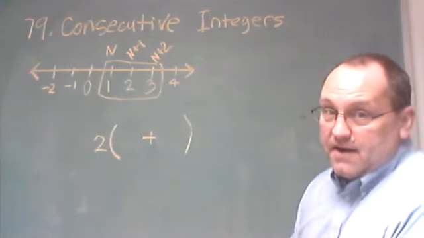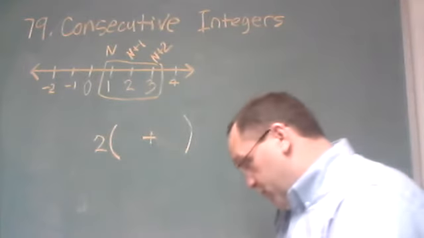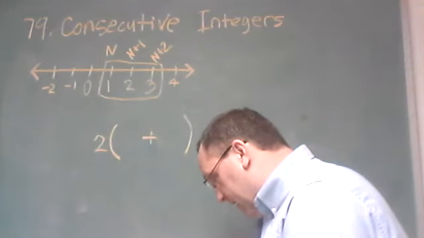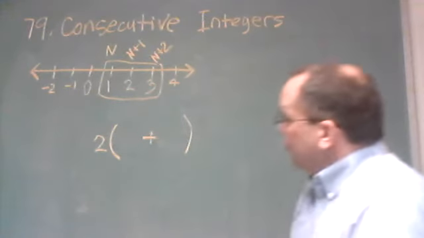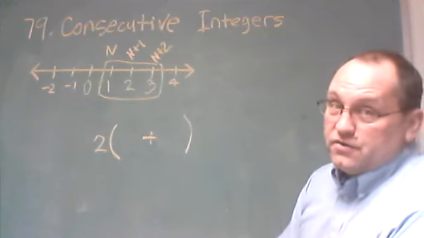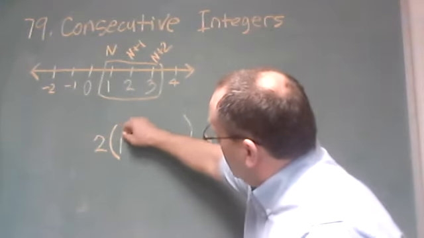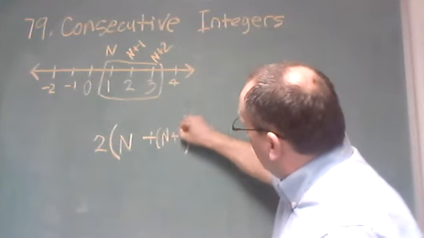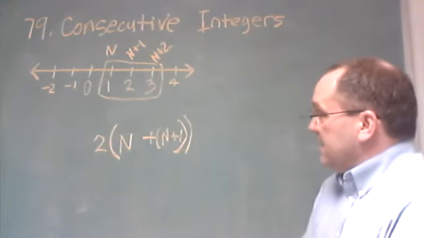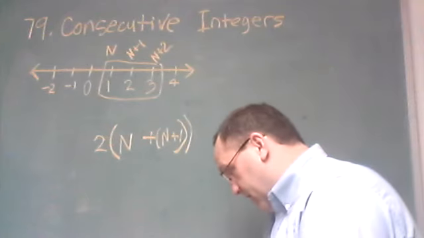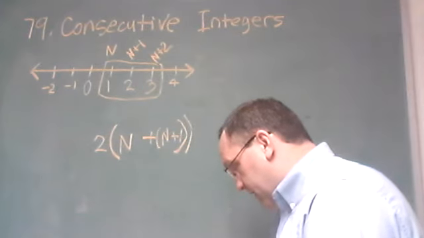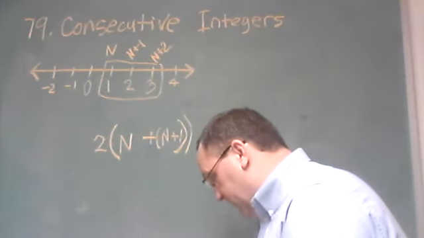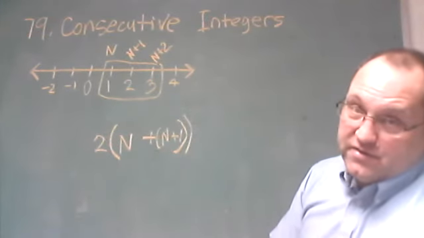Something is being added, and we're going to multiply 2 by it, such that twice the sum of the first two, okay, the first two integers, so the first one is n, and the second one is n plus 1. That is the second one. The sum of the first two, twice the sum of the first two, is 2 less than 3 times the third.